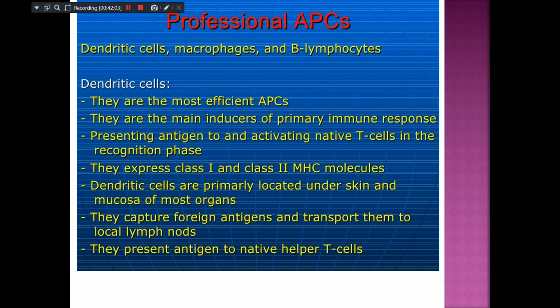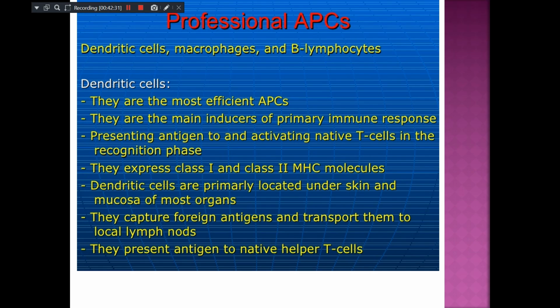These are the cells which first find the antigen and bind with it, and they present it for destruction. Especially the dendritic cells, macrophages, and even B lymphocytes are professional APCs. Among them, especially the dendritic cells are the most efficient antigen presenting cells.